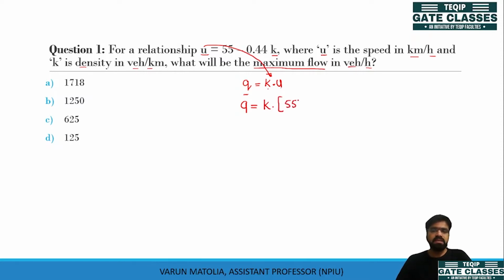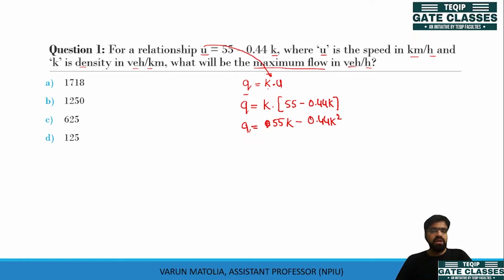We have replaced u with the relation. So now we have q, or the flow value in terms of density, as 55k minus 0.44 times k square.